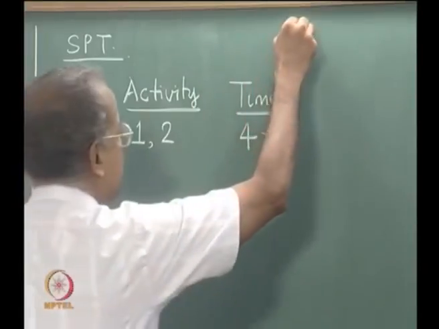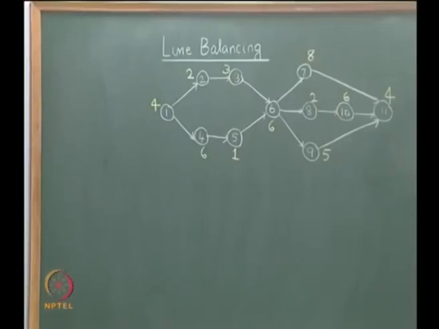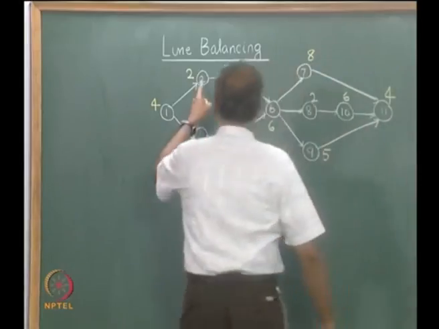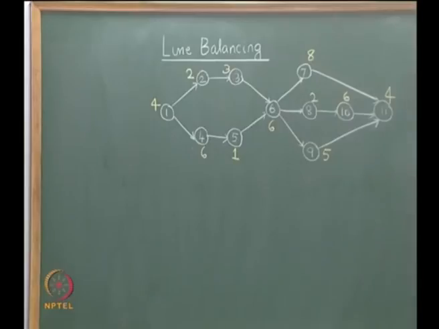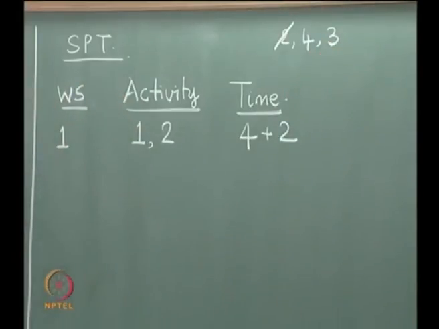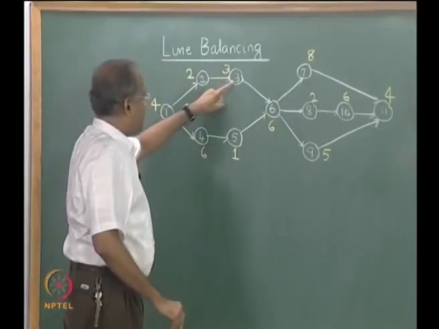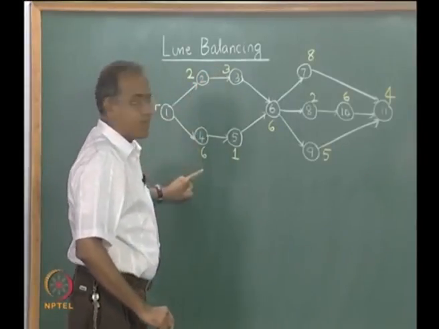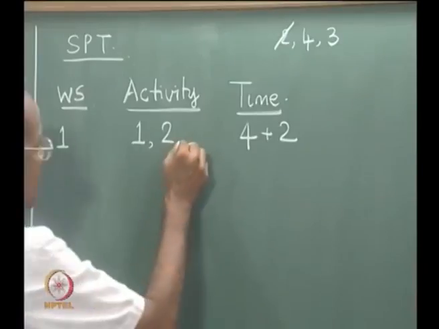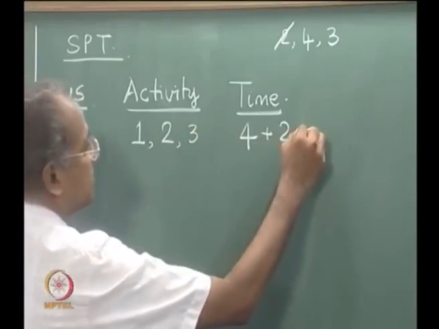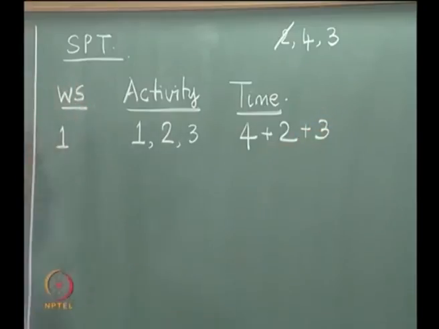Since activity 2 has been assigned, activity 3 is available now. So 3 and 4 are available. 3 requires 3 units, 4 requires 6 units. So once again, based on SPT, 3 will go here, so plus another 3 units.